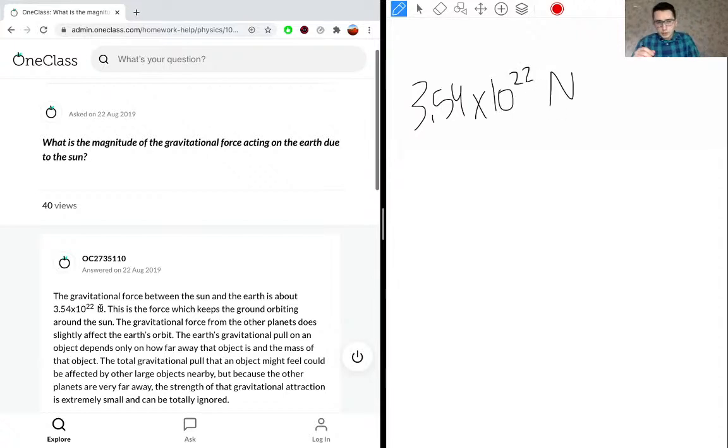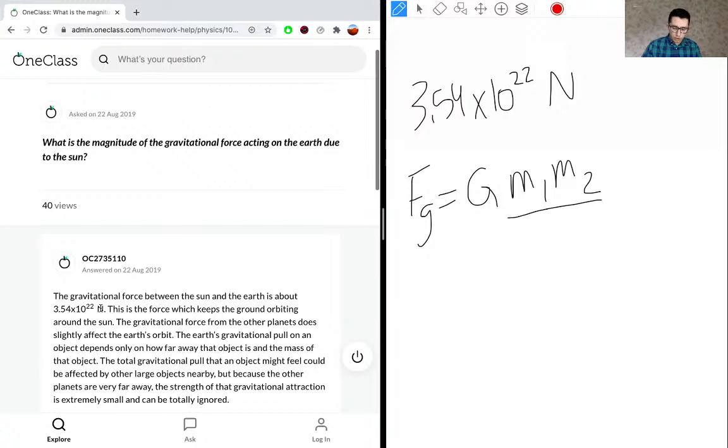A good way to understand why the gravitational force acting on the Earth due to the sun is 3.54 times 10 to the 22 is to Google the constants for this formula. So Fg is G, the gravitational constant, times mass 1, mass 2, over the distance r squared.